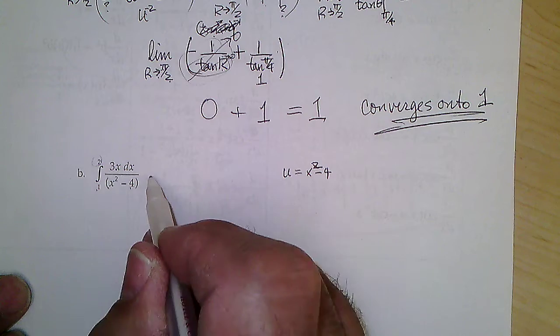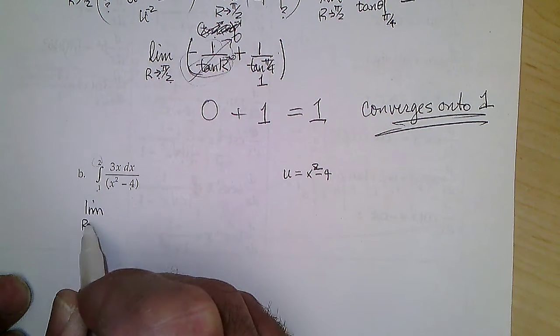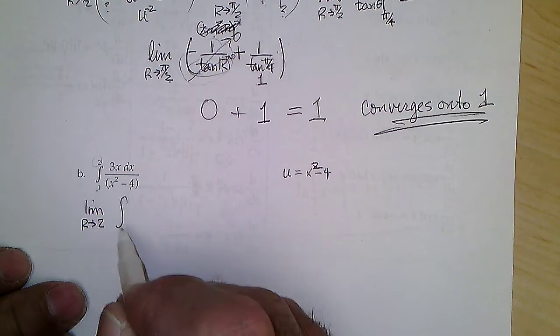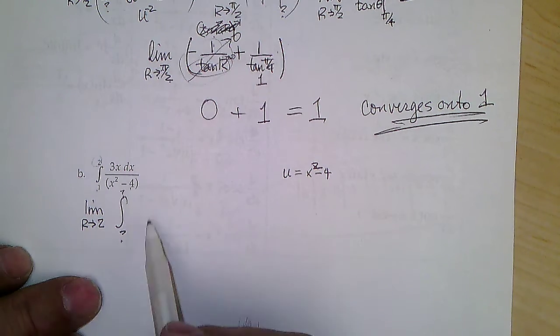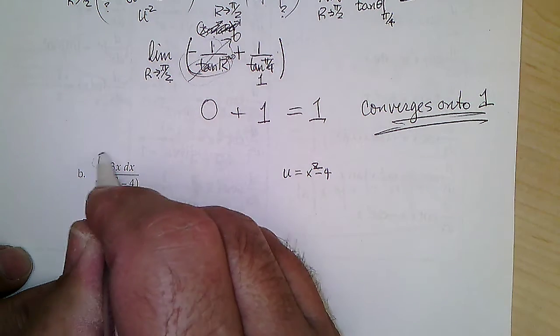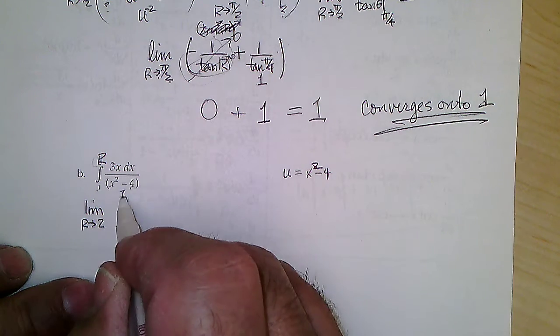So we have to write, this is going to turn to the limit as r approaches 2 of the integral, and I'm doing a substitution, so the limits are going to be changed. Let's go ahead and change them this time. We're putting an r in place of the 2, so it'd be r squared minus 4.